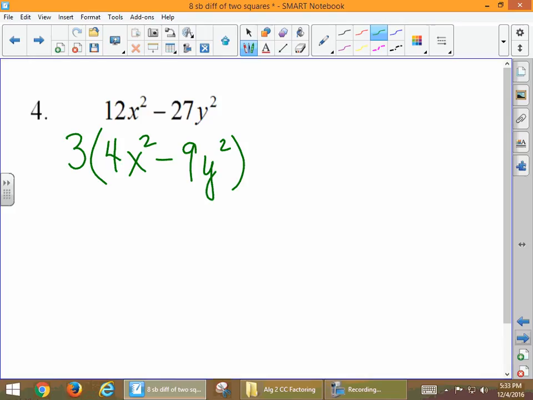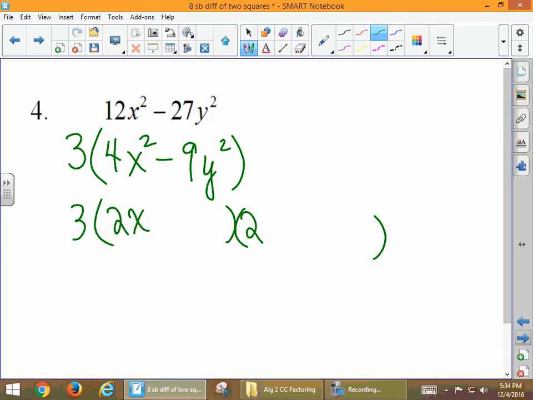We have a binomial with two terms, and hopefully we have a minus sign in between, and we do. And because we do, we can break this binomial up into two more binomials when we break apart 4 into 2 times 2. Same values.